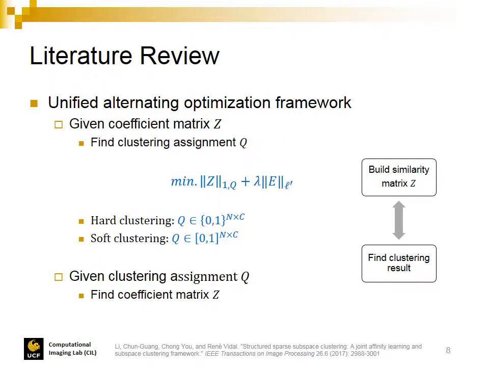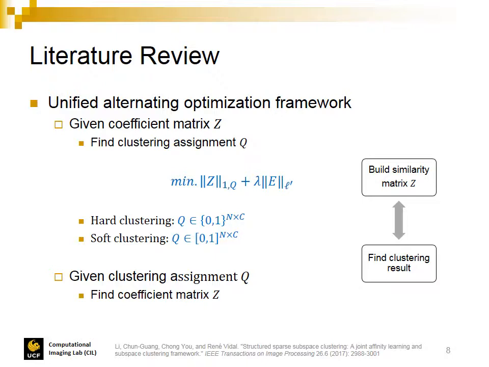Both the sparse similarity matrix and the clustering results depend on each other. Proposed methods in the literature use iterative approaches to update the similarity matrix using the clustering results and subsequently find the clusters using the new version of the similarity matrix.